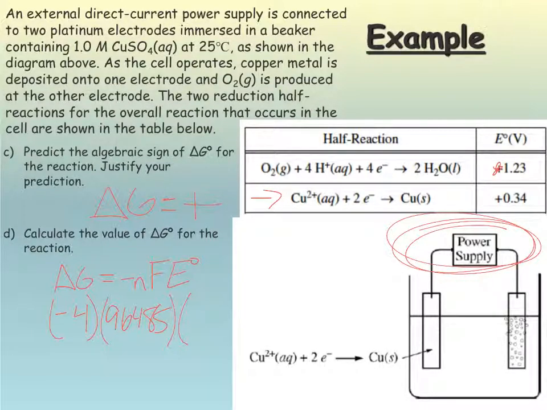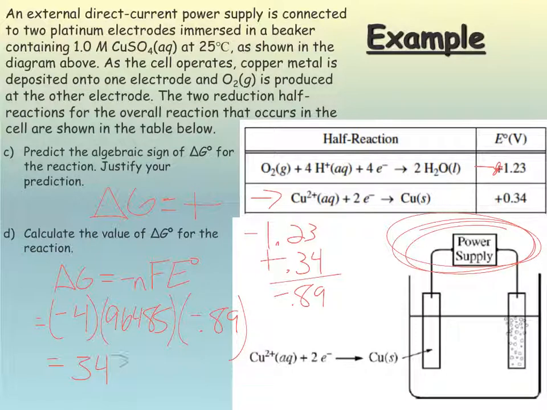But this is my oxidation, so I have to flip my sign. So I have negative 1.23 plus 0.34, which gives me negative 0.89. That negative 0.89 goes there, and then I multiply across, and my delta G ends up being 343,487 joules per mole.